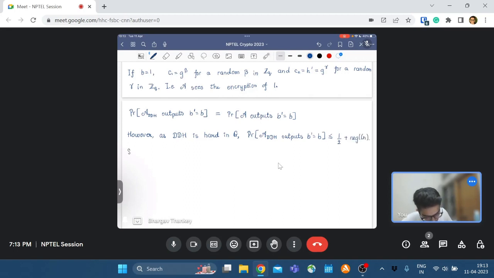So the probability that B prime equals B is also less than half plus negligible.